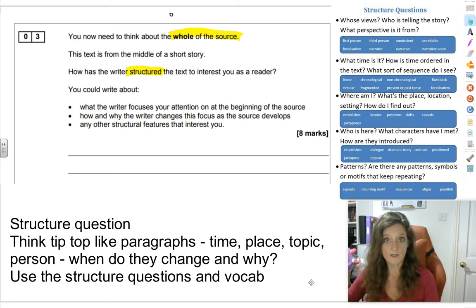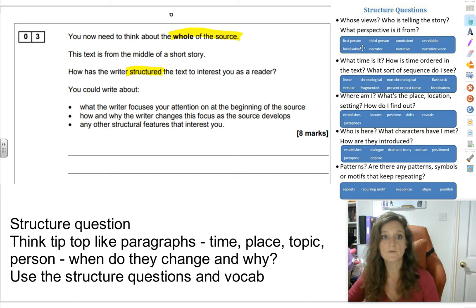Now, if you have been working really, really hard and taking things on board and learning really well, then you might want to think more about the structure questions, which take the whole tip-top paragraphs idea and develop it in more detail. So who's the speaker? Who's telling the story? Whose perspective?